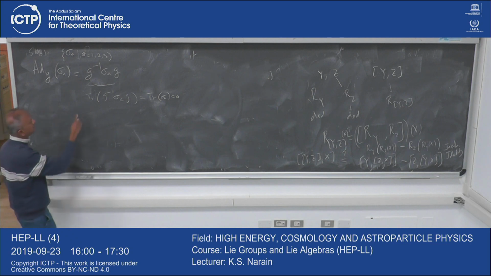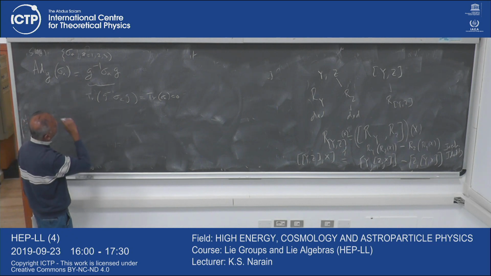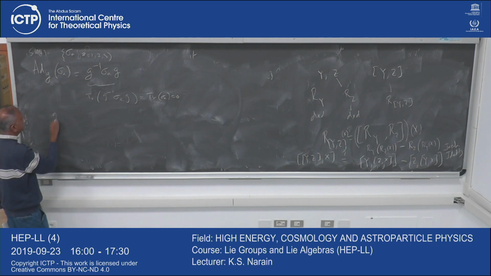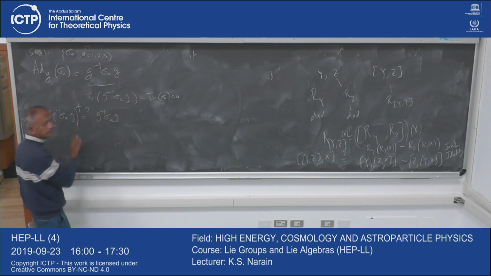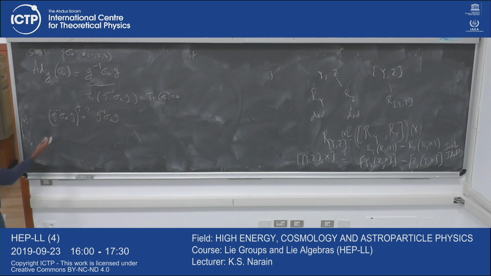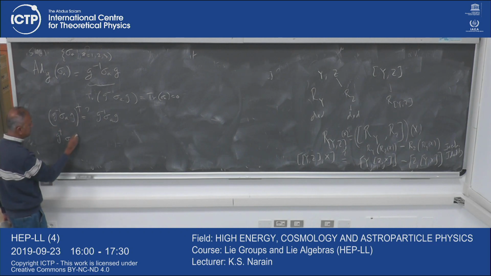And second, the Hermitian condition. We want to check if (G inverse sigma_A G) dagger is the same as G inverse sigma_A G. The dagger will make it G dagger, sigma_A dagger, G inverse dagger. Sigma_A is Hermitian, so it remains sigma_A.